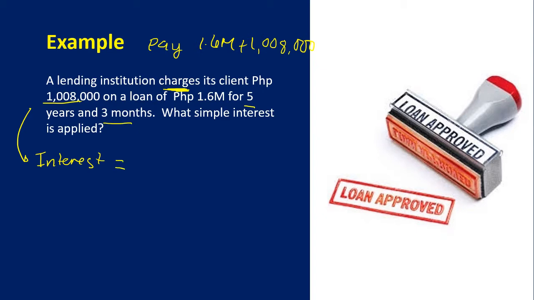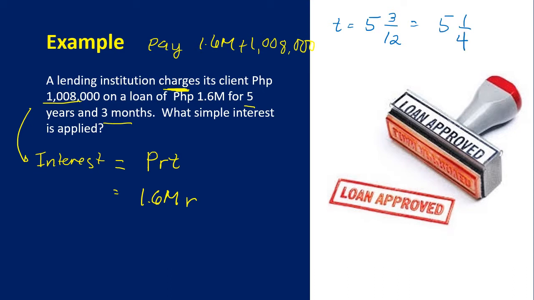What is our interest? That's PRT. So that's 1.6 million times R. What is our time? Our time is 5 years and 3 months. But 3 months is 3 over 12 of a year, or 5 and 1/4.